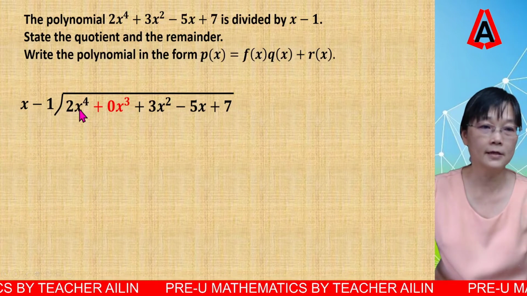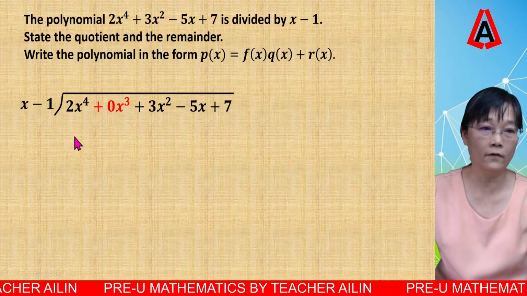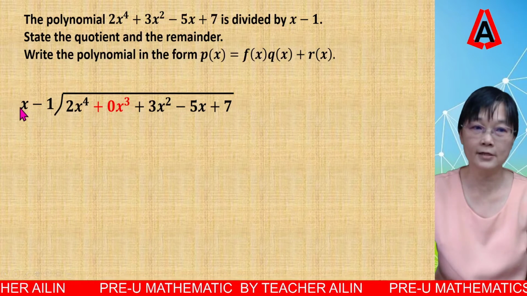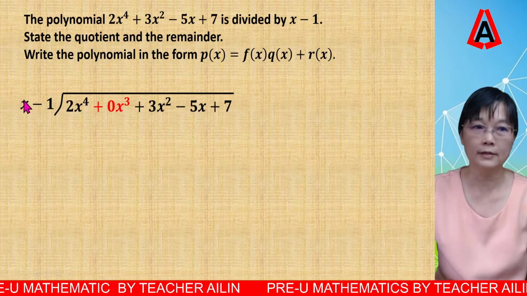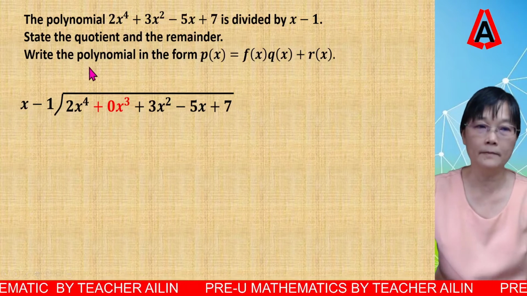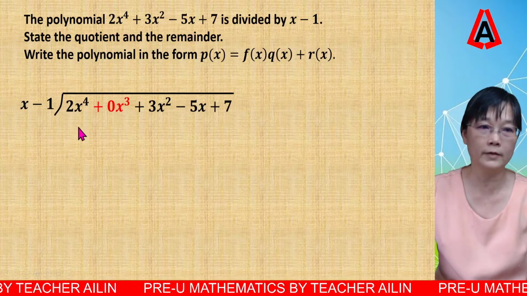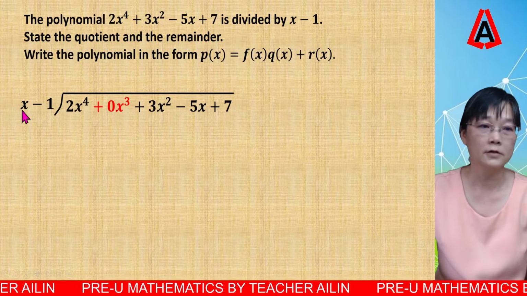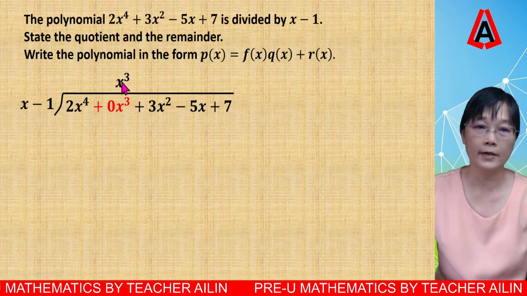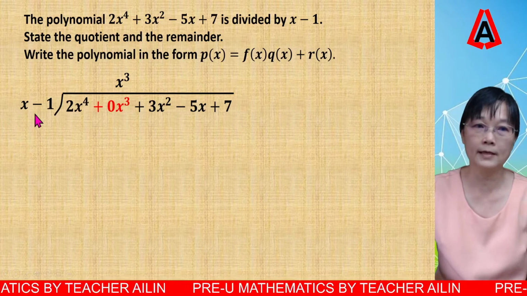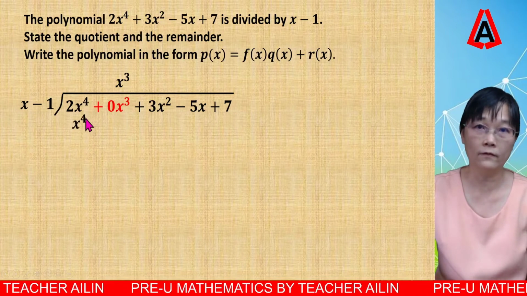Since the first term is x power 4, and the first term of the divisor is x power 1, we should think: x power 1 multiplied by what gives x power 4? Sure, we know that must be x power 3. So x power 3 times x gives x power 4.